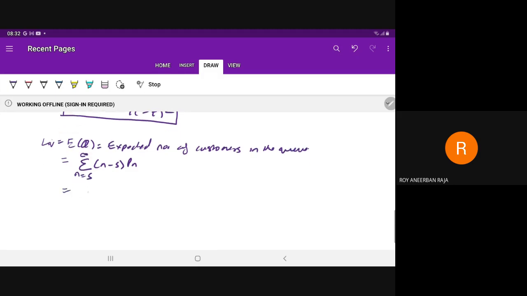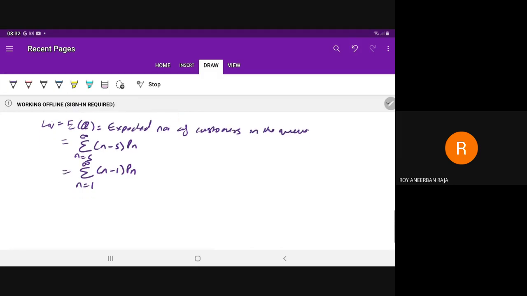Because this is the single server model, so this will become n is equal to 1 to infinity, right? (n minus 1) into pn. That is the basic formula. So this can be written as summation n is equal to 1 to infinity n pn minus summation n is equal to 1 to infinity pn.